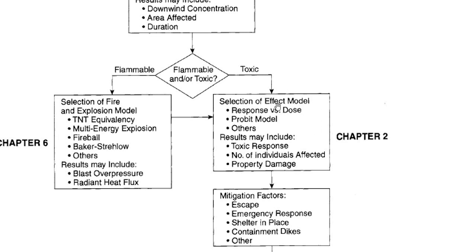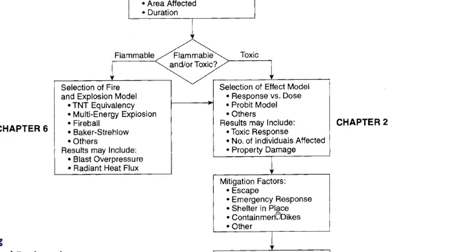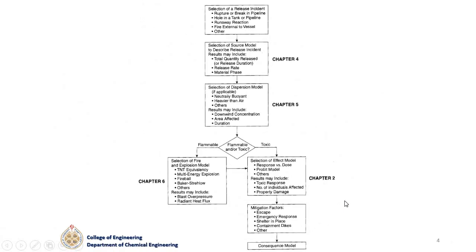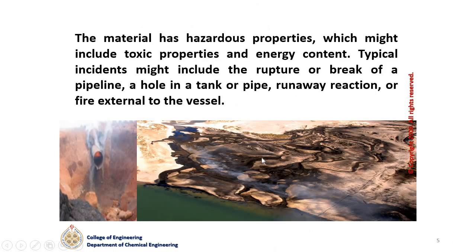And if you want to study how toxic something is, using a checklist to discover what toxic substances we have in our plant, that is chapter 10. Then the mitigation factors, meaning how we escape, what the response measures are, and where the high-risk places are, that is in chapter 11. Okay, so I hope that was clear. So this is an example of a spill.